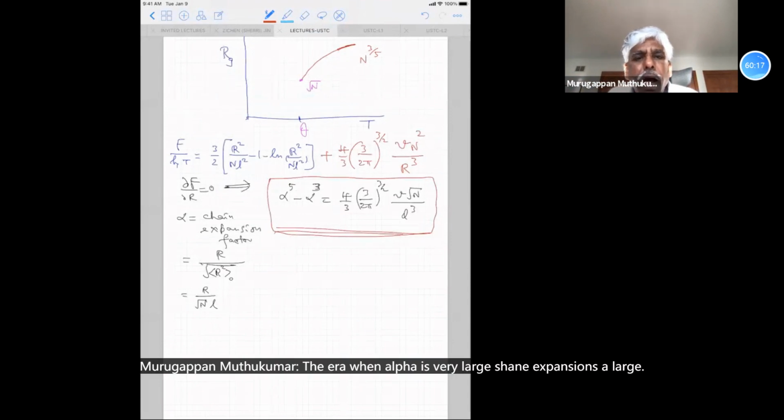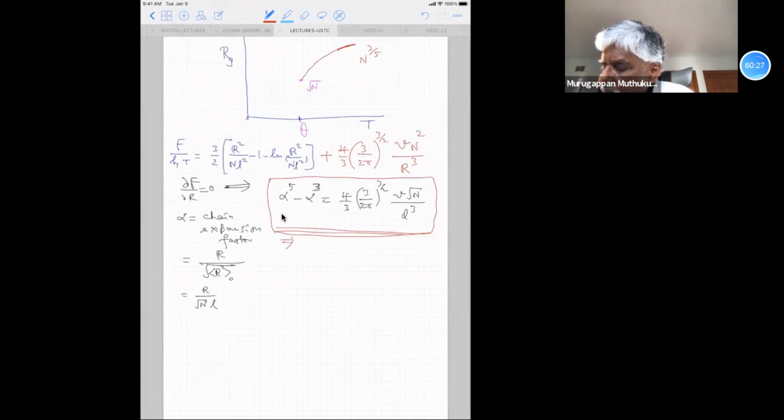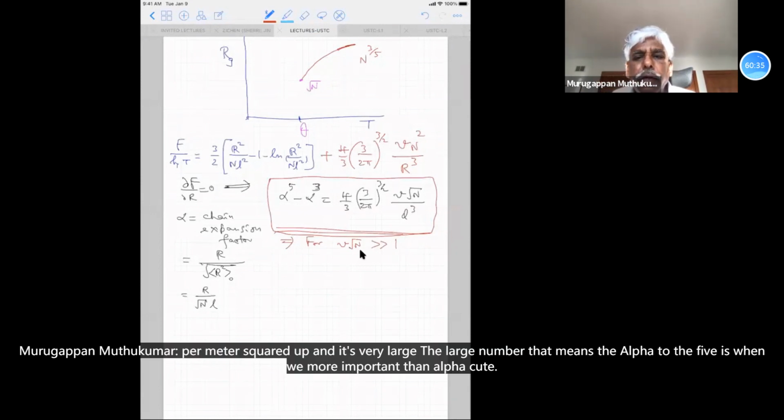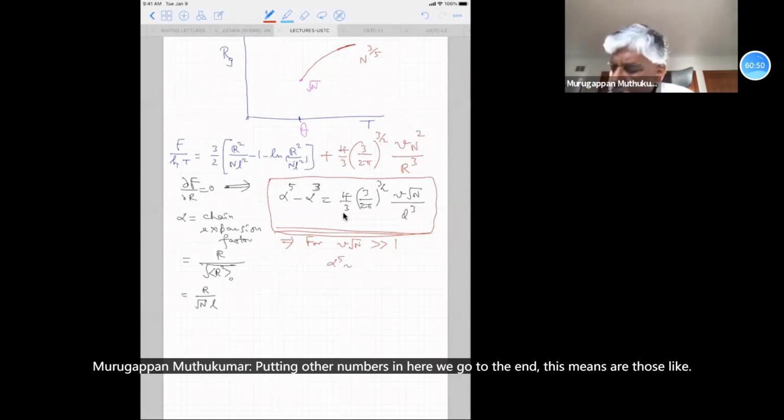When alpha is very large, chain expansion is very large. As you can see, for v times square root of n very large, it is a large number, that means alpha to the 5 is going to be more important than alpha cubed. And this means alpha to the 5 goes like, putting all the numbers in here, v times square root of n.